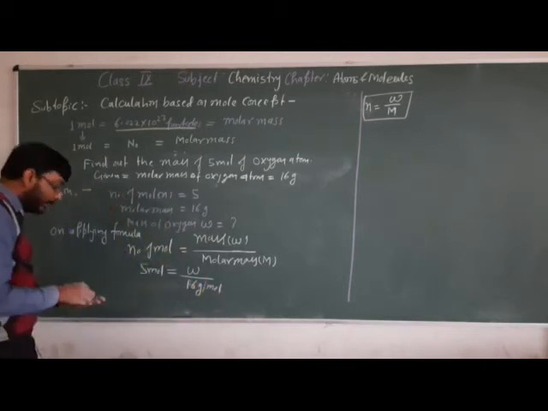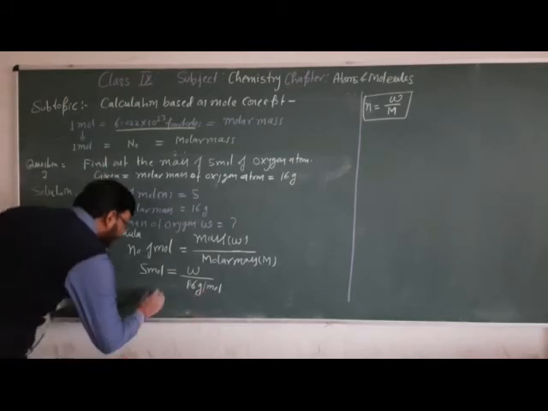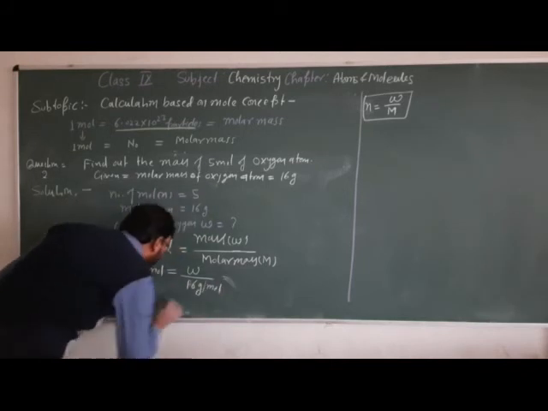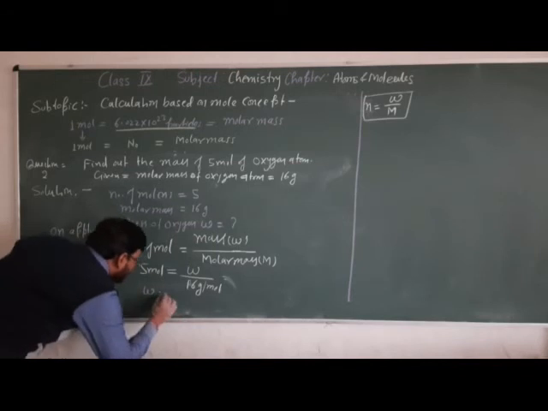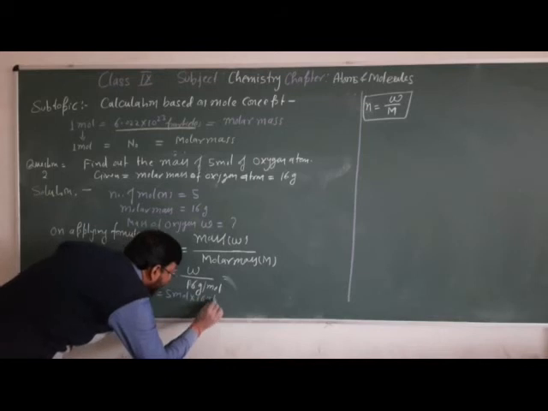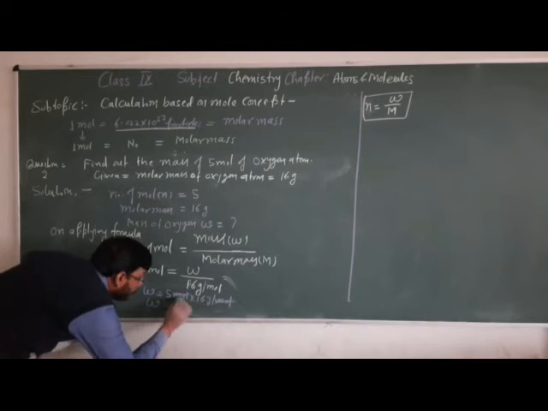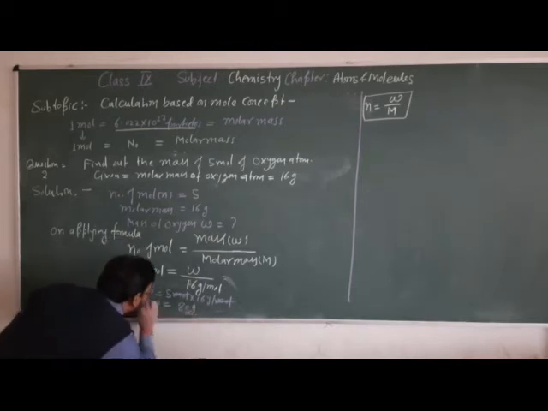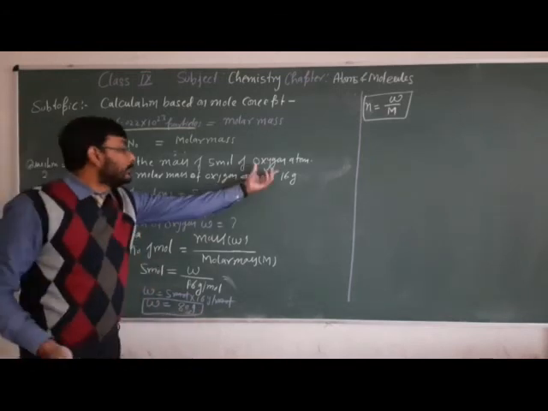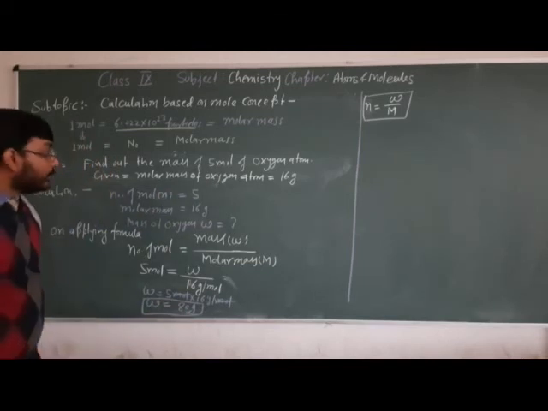When you write the value, the unit must be written along with it. So W is equal to 5 mole into 16 gram per mole, mole cancels, and we get W is equal to 80 gram. This means 80 gram of oxygen atom is the mass of 5 mole. Clear?